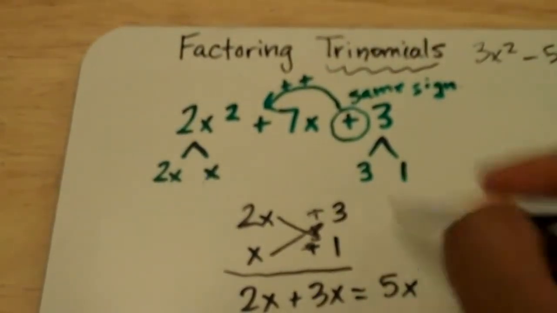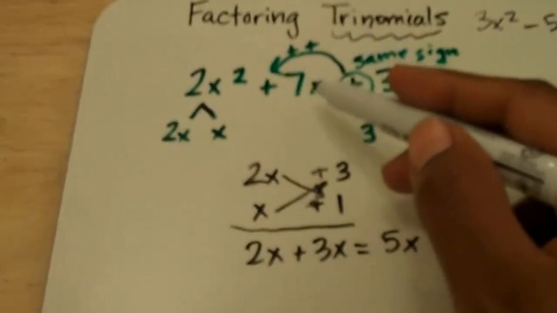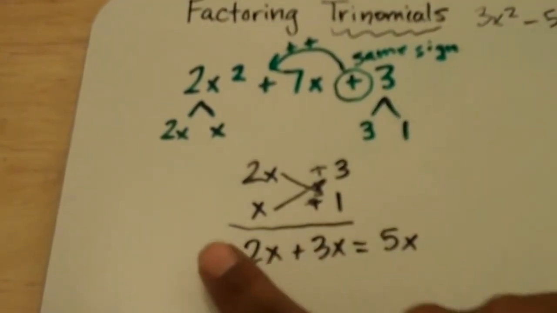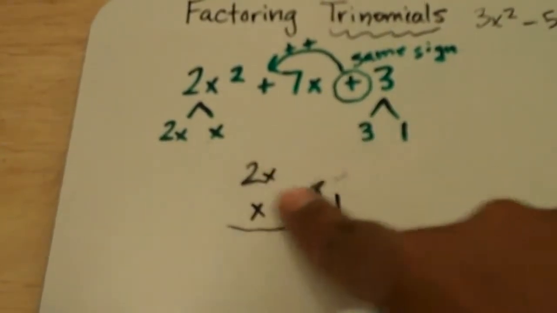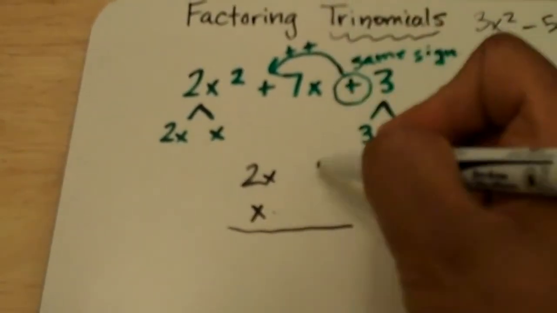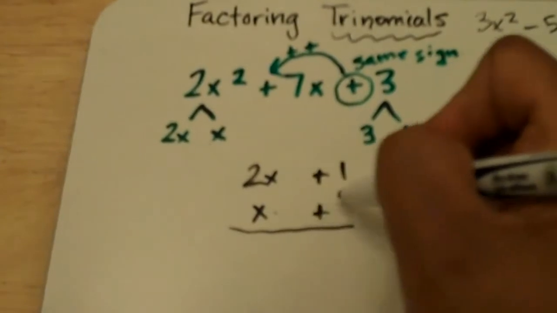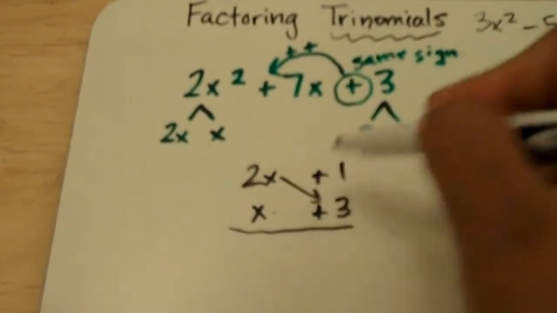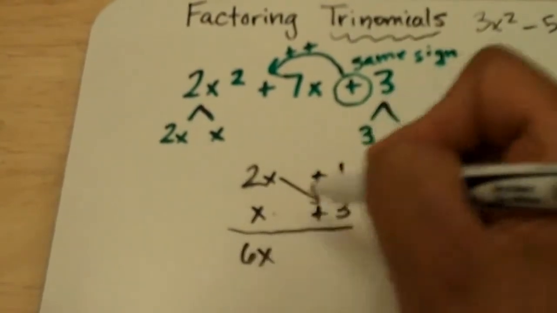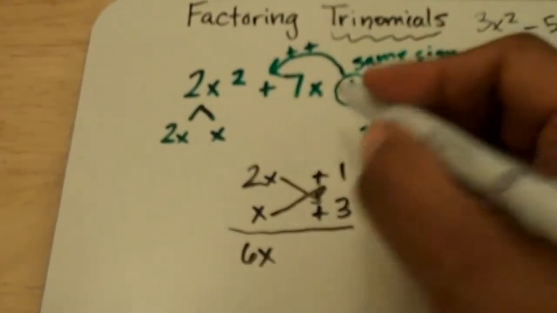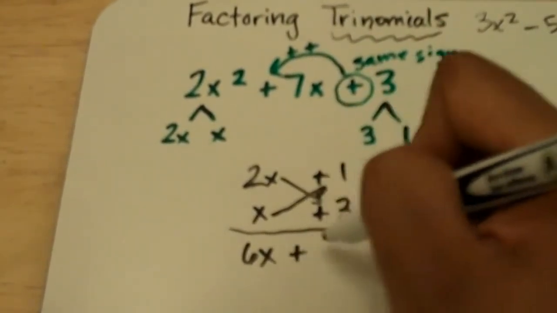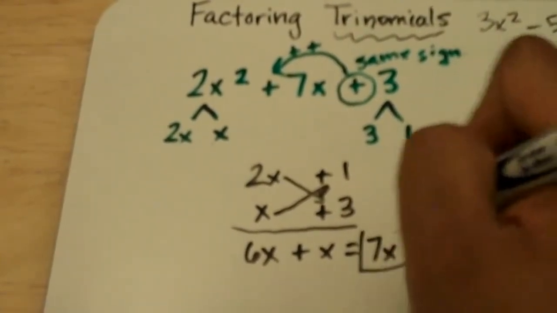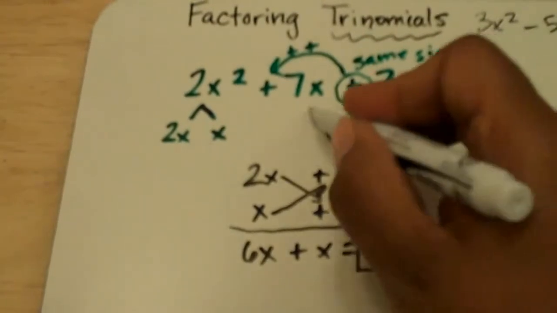Well, 5x does not match our middle term, so we need to switch the numbers around. So we're going to erase this, and make this a plus 1 and this one a plus 3. Now we have 2x times 3 is equal to 6x, and x times 1 is equal to plus x, which is equal to 7x. This one now matches our middle term.